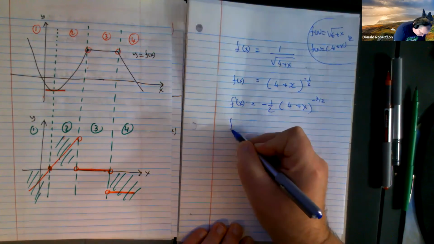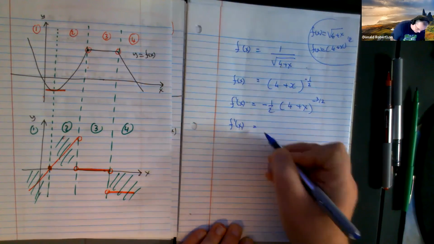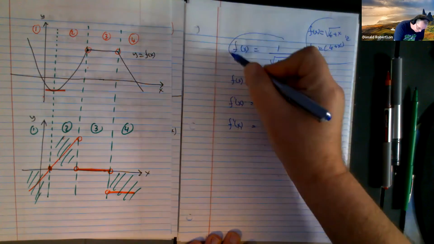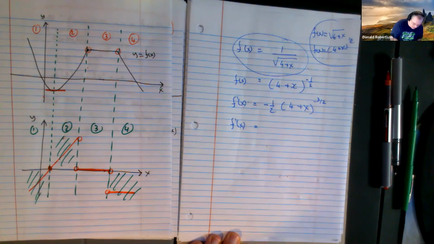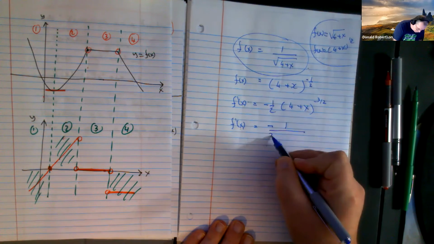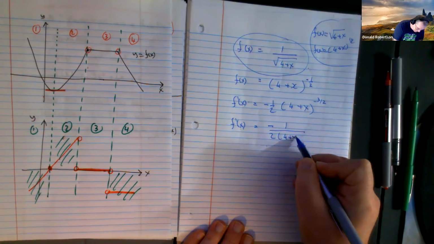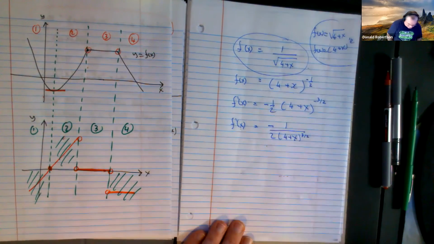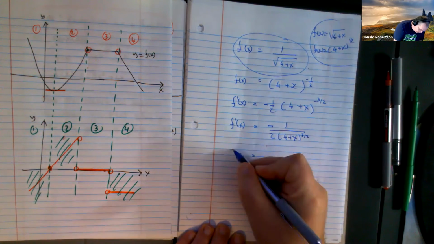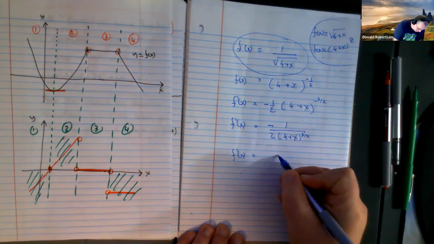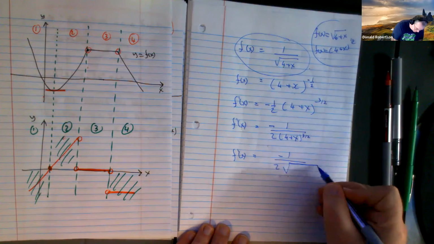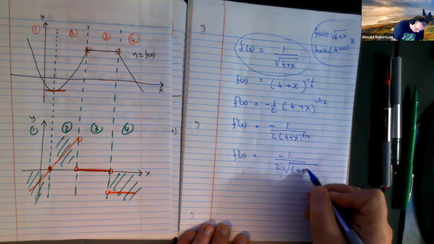Now, we talked about style points yesterday. And one of the key rules of style points is, shouldn't you look like the original? So I'm going to call this negative 1 over 2 times 4 plus x to the 3/2. Are you with me? And then I'm going to do one more step. 3/2 is the same thing as the square root of 4 plus x cubed.